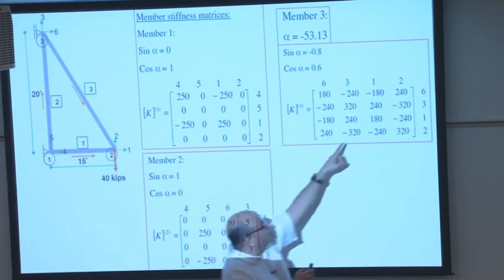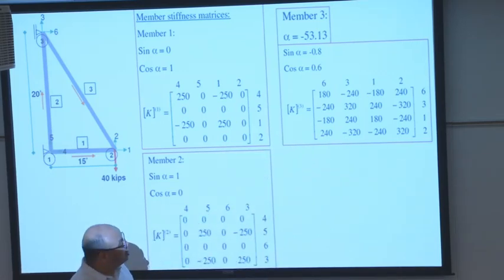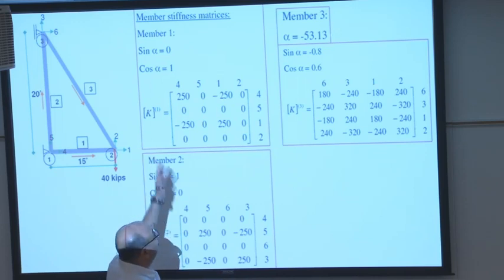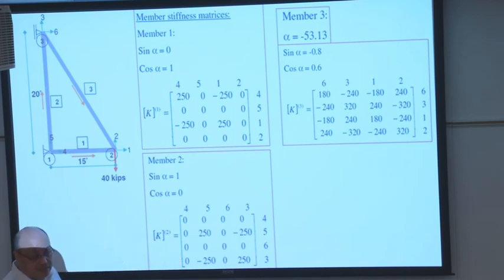Here we go. And that will establish the stiffness matrix of the third member, knowing that it's inclined and you have 0.6 and negative 0.8 as cosine and sine of the angle. This is essential because now you can add apples to apples, or just add things correctly.